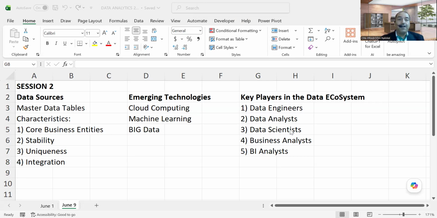So data scientists are likely to answer questions like, how many social media followers am I likely to get next month? Prediction. So this is normally what is expected of a data scientist. It is not really analyzing the past data. It is not historical data.